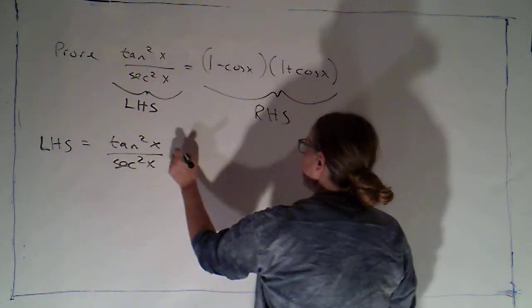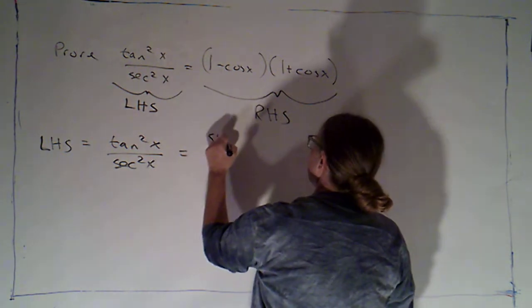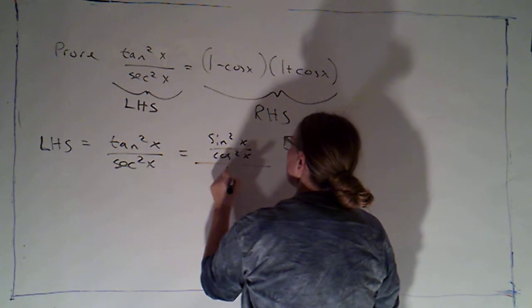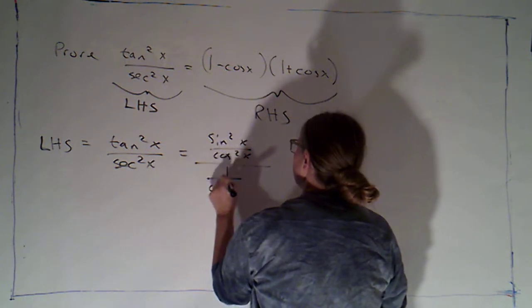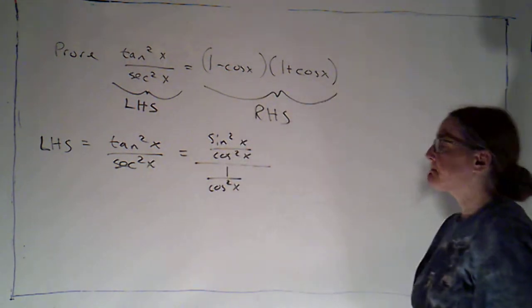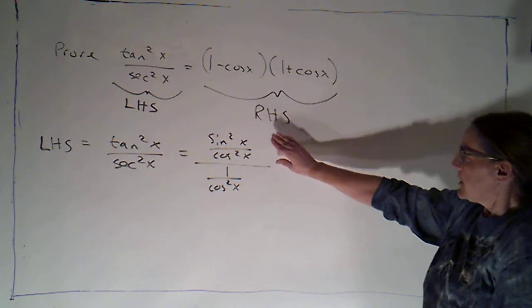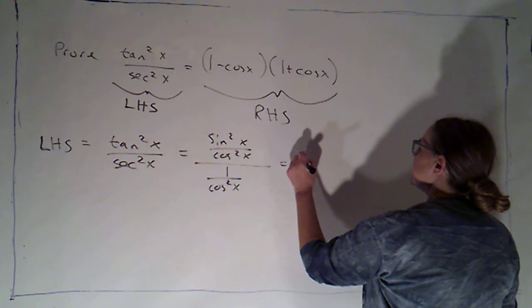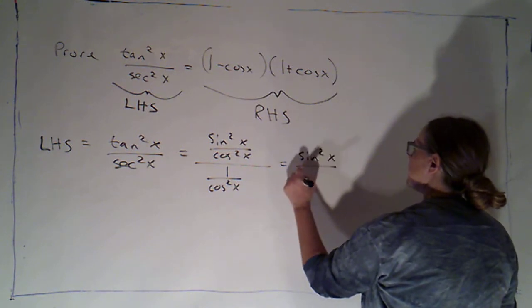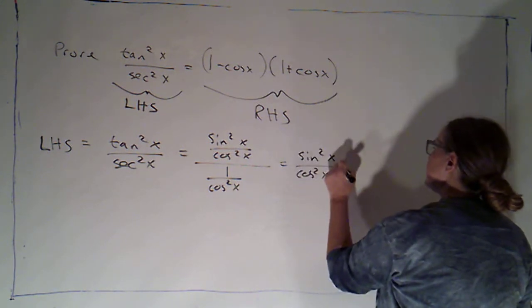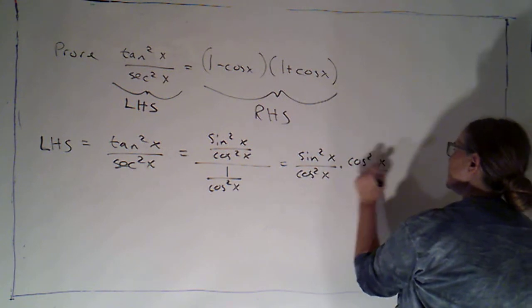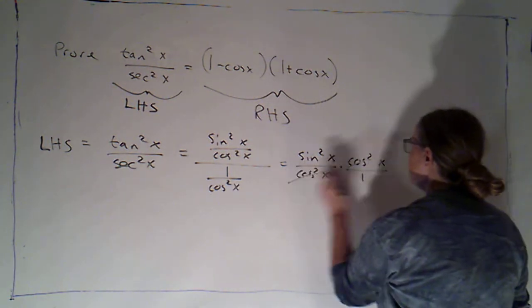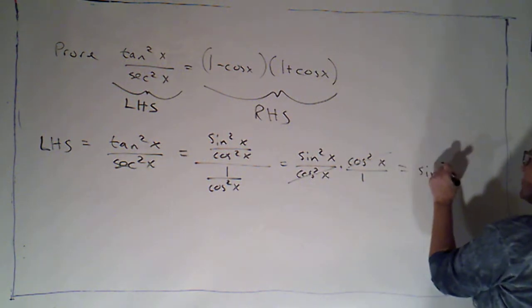And I could say, well, that's sine squared x over cosine squared x all over 1 over cosine squared x. And now again, if I'm dividing fractions, I'm going to flip and multiply. So this is going to be sine squared x over cosine squared x times cosine squared x over 1. That's going to cancel, and I get sine squared x.